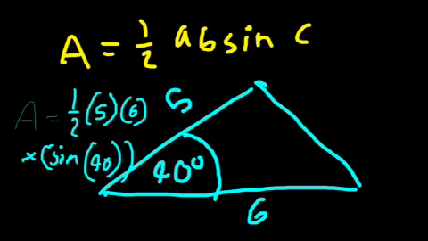So let's just type this into our calculator. 1 fraction 2, bracket open 5, bracket close, bracket open 6, bracket close, times, bracket open, sine button. It's S-I-N, but it's pronounced sine.